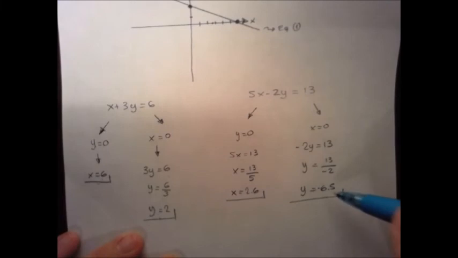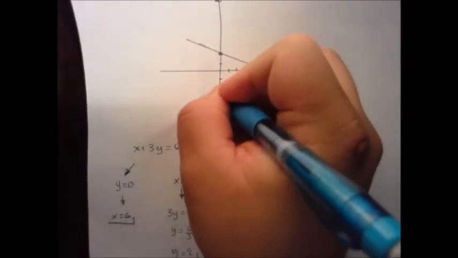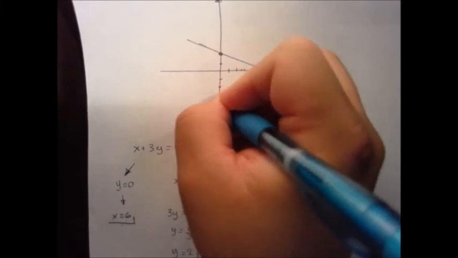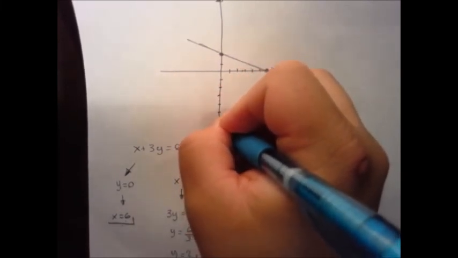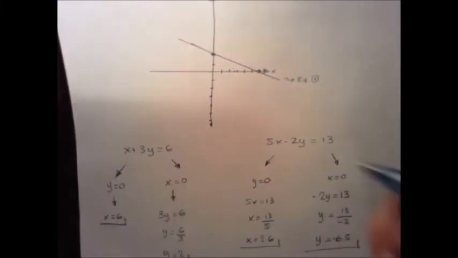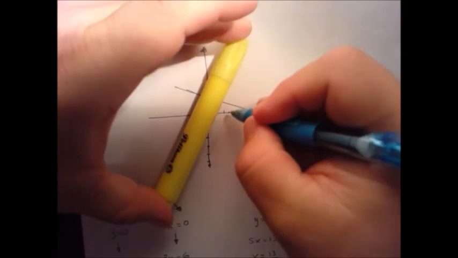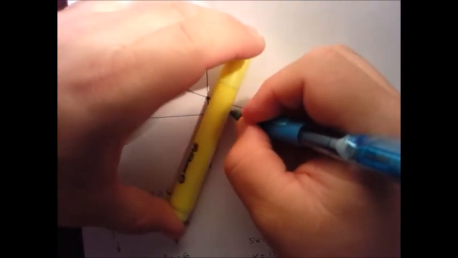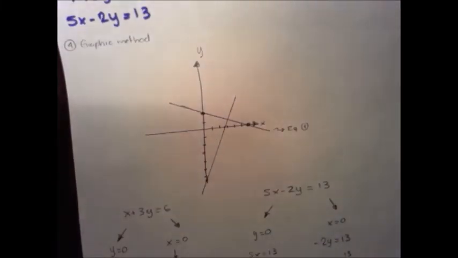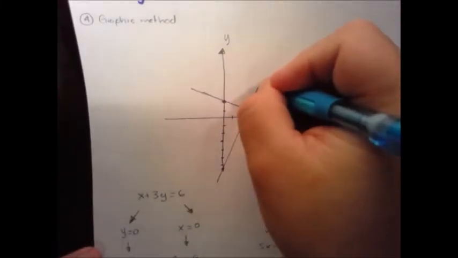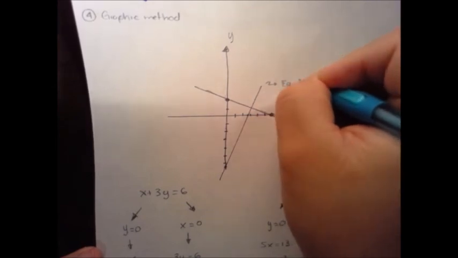Okay, and that one is minus 6.5. 1, 2, 3, 4, 5, 6, and 6.5 approximately over here. Okay, and then just cross a line between this and this one, more or less like that, and then I have the graph of equation number 2.